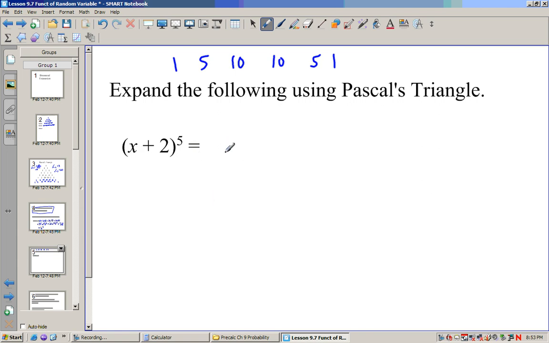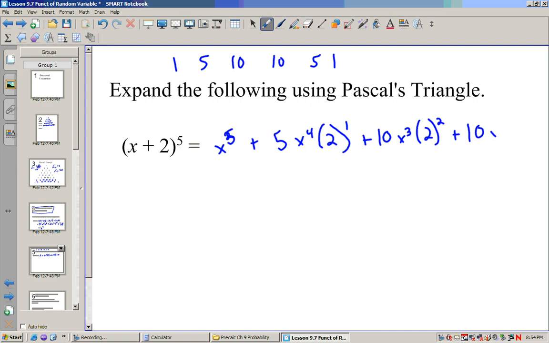So it will be x to the 5th, plus 5 x to the 4th 2 to the 1st, plus 10 x to the 3rd 2 squared, plus 10 x squared 2 to the 3rd, plus 5 x 2 to the 4th, and then finally 2 to the 5th power.